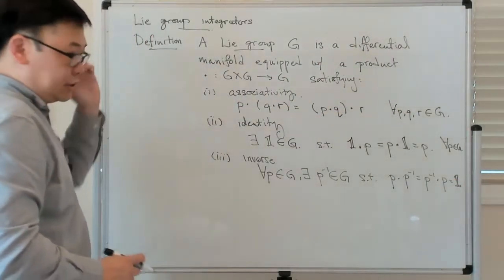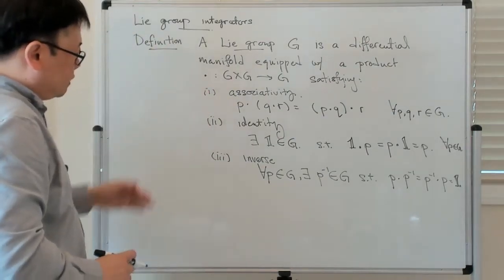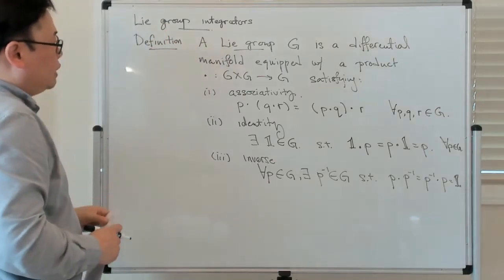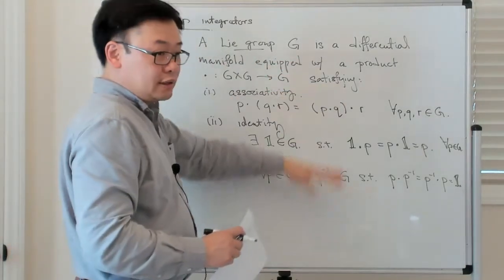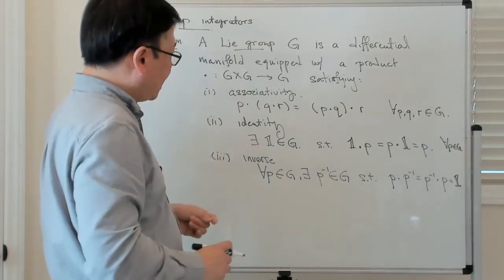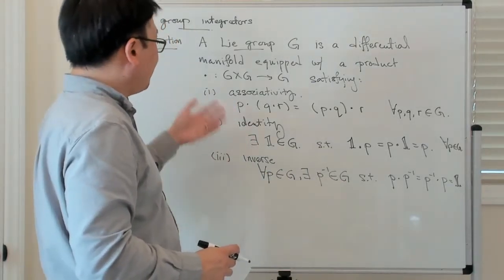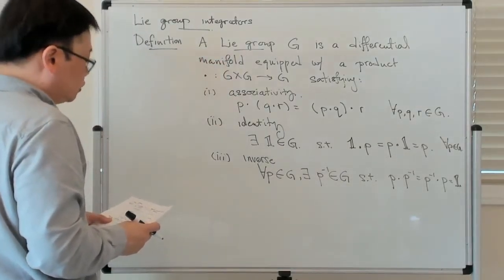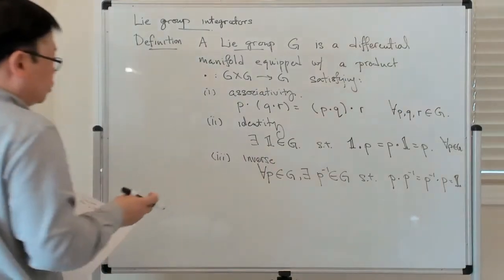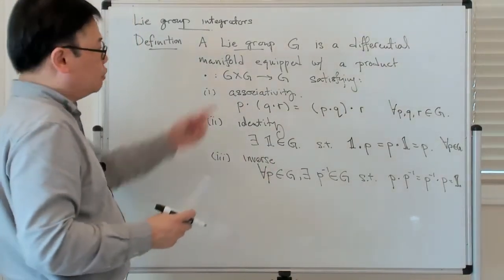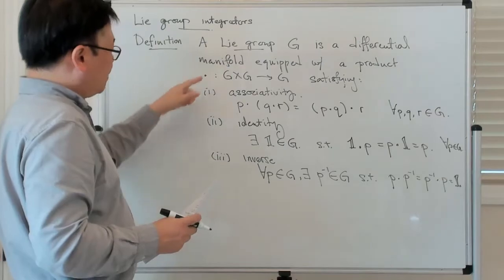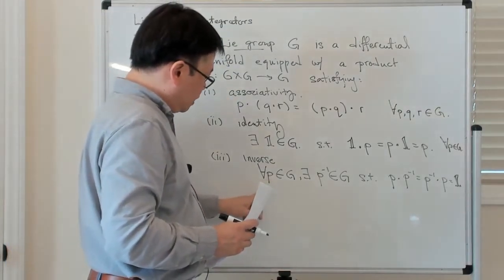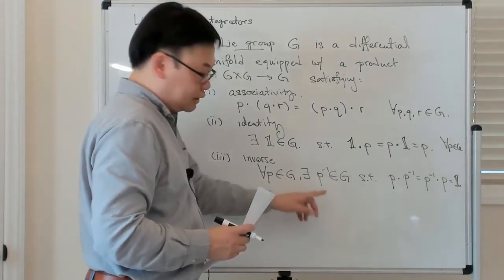So these, of course, are just the axiomatic properties a group satisfies, and so basically a Lie group is a manifold which also has a group structure, but then we want that group structure to be compatible with the manifold structure in some way, shape, or form, and the way you do this is that there are two maps which you want to be smooth with respect to the manifold structure. One of the maps is this product itself, and the other map is the map from the element P to its inverse.